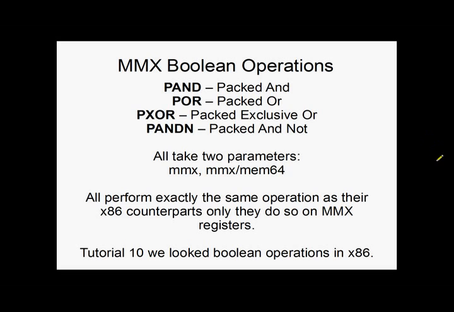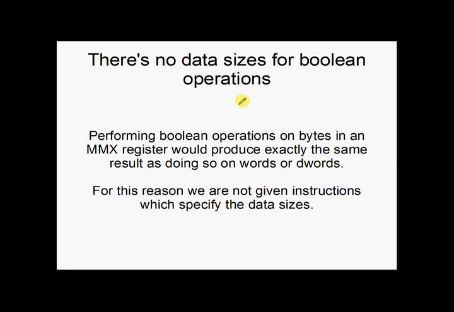And they all do exactly the same operation as their x86 counterparts, of course excepting the PANDN here. Alrighty, so there's no data sizes for the Boolean operations in MMX. It doesn't matter if you're doing a packed and on words or bytes or dwords, they're all going to produce exactly the same results. So yeah, no data size.